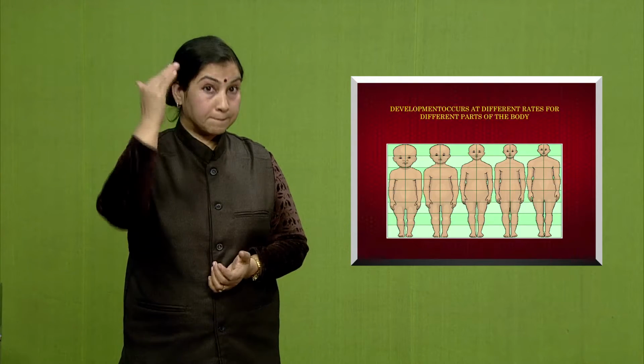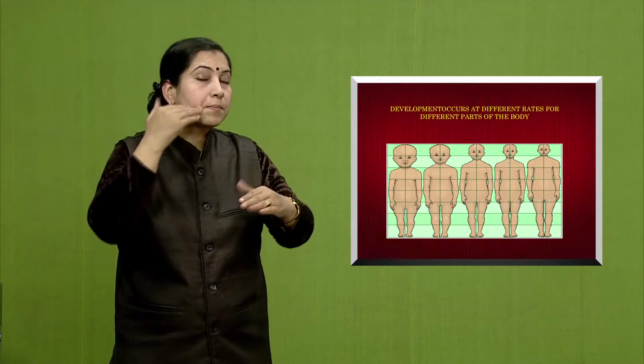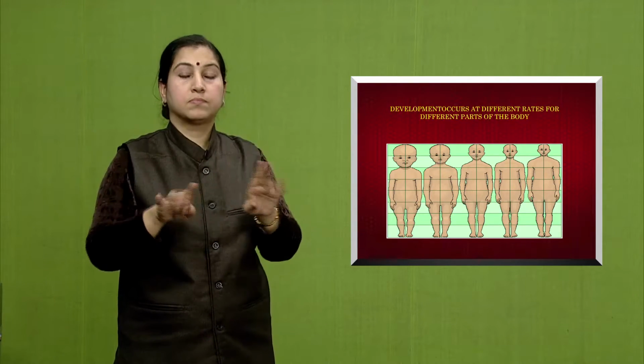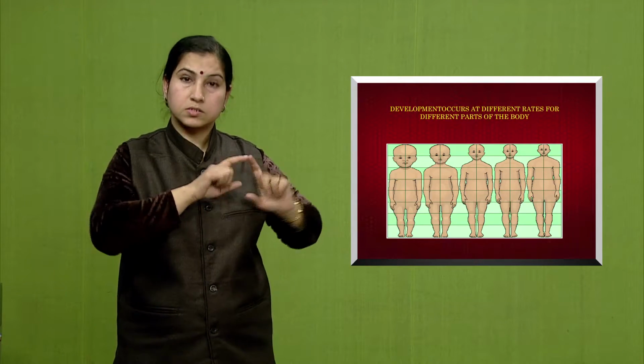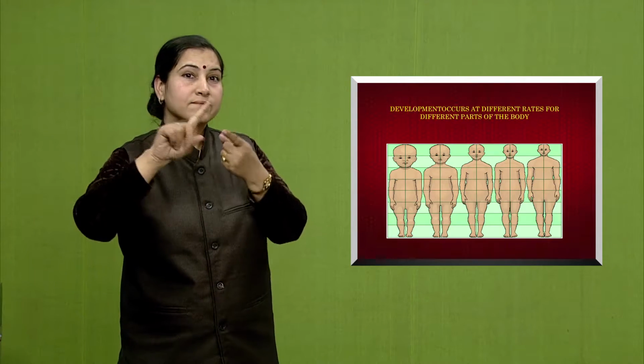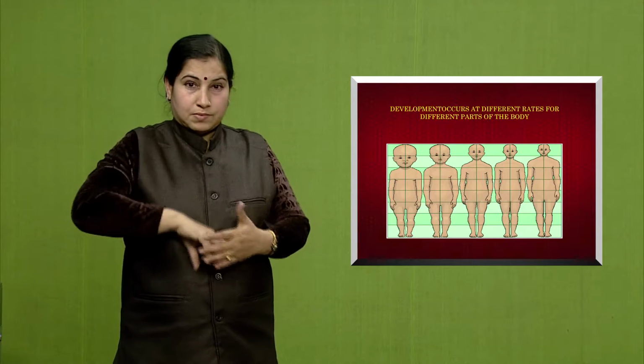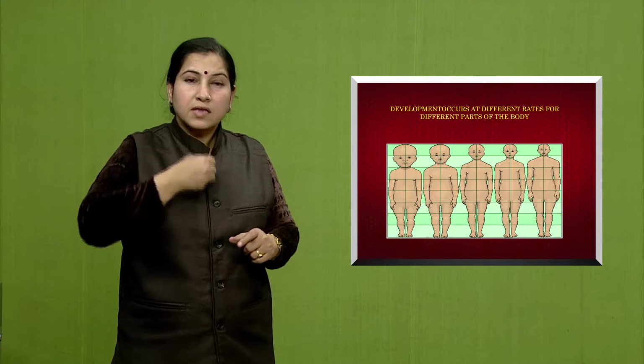For example, brain attains its full maturity around the age of 6 to 8 years. Feet, hand, and nose reach their maximum size in early adolescence, whereas heart, liver, and digestive system grow during adolescence also.